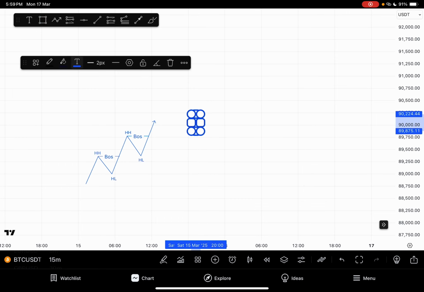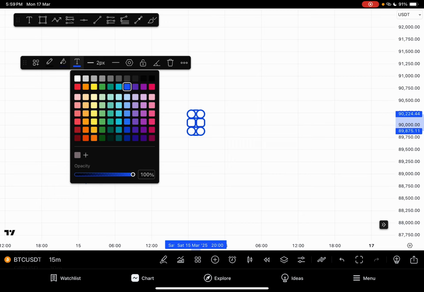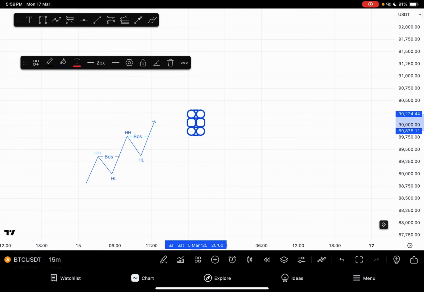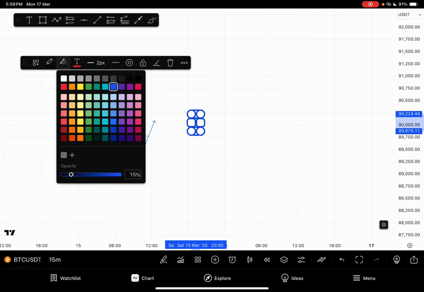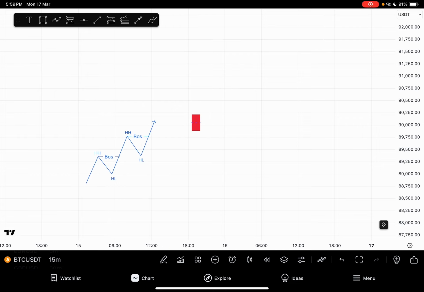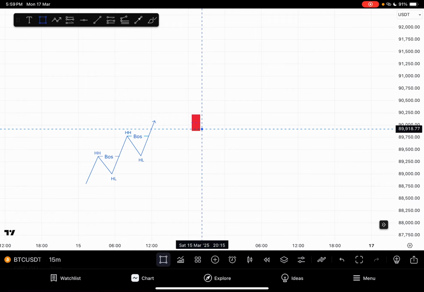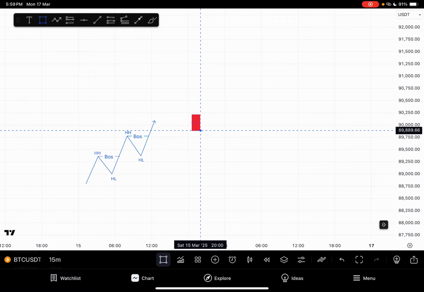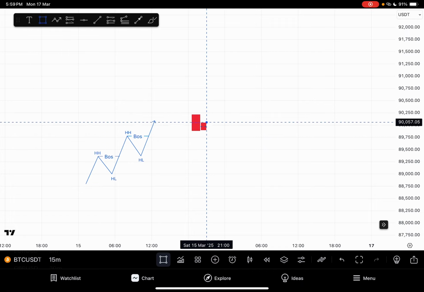So for the bullish order block, you see a red candlestick first, followed by a green candlestick.